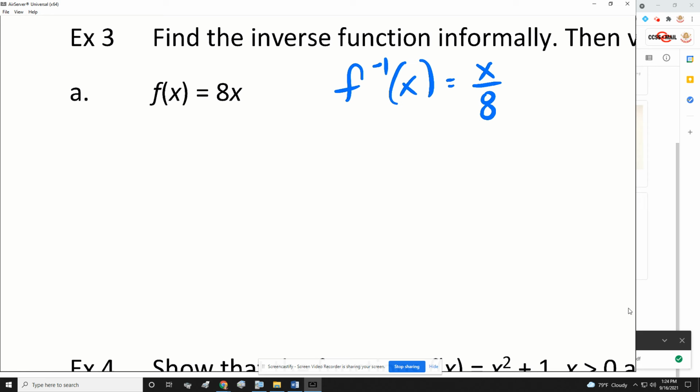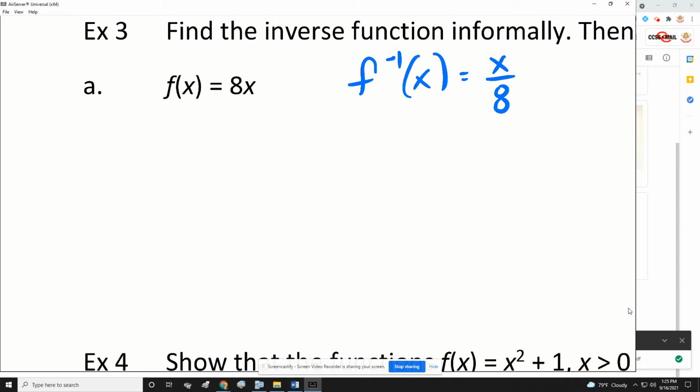If you put 2 into f of x, you would get 16. So the inverse should take that 16 and turn it back into a 2. If we put 16 here and divide it by 8, it would turn it back into a 2. So it did its function by undoing what the original function did.